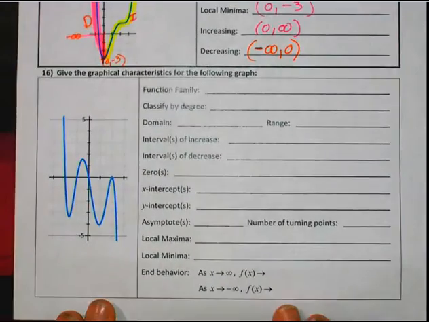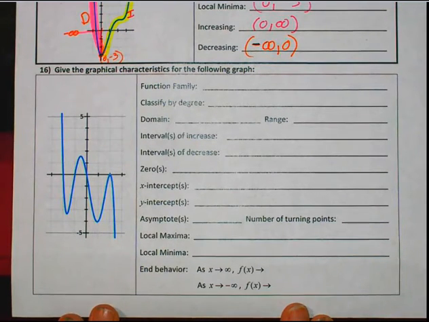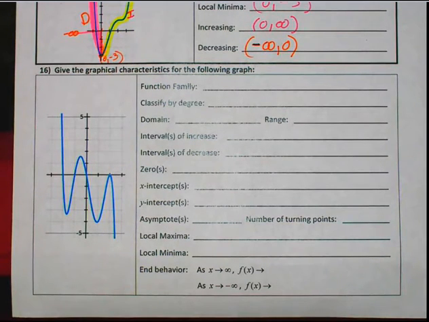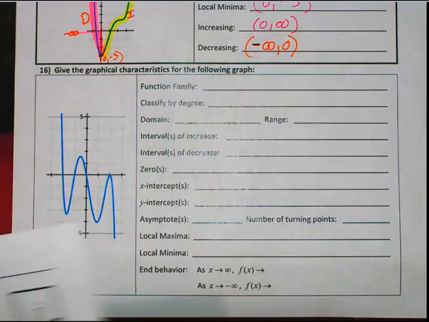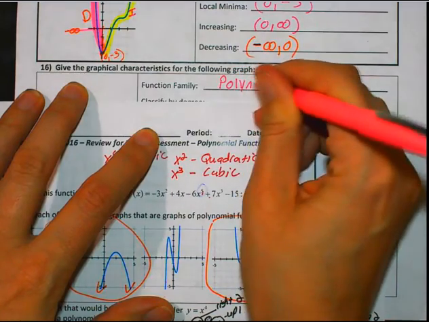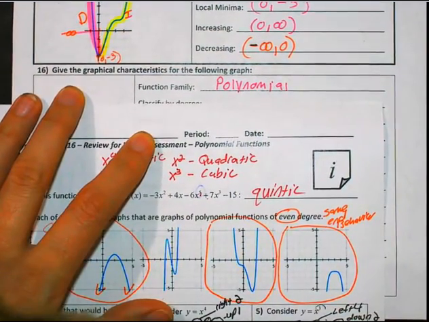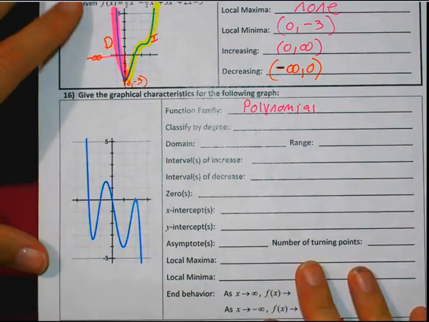All right, and then the last one says, give the graphical characteristics for the following graph. So let's start with the function family. This is a polynomial function. And if you look here, if you're unsure how to spell polynomial, okay, classified by degree.